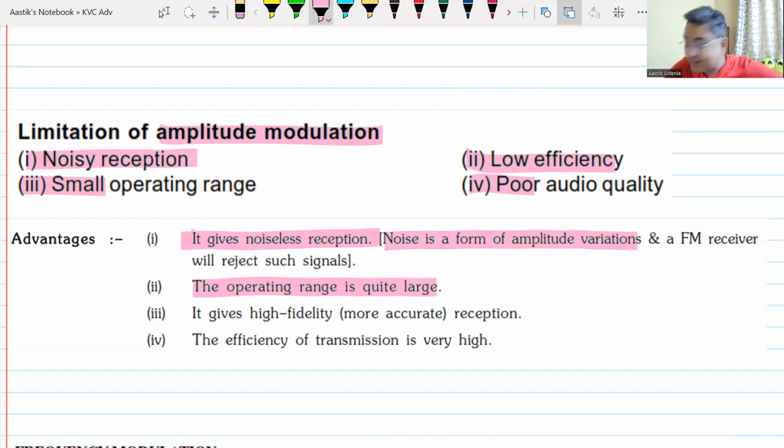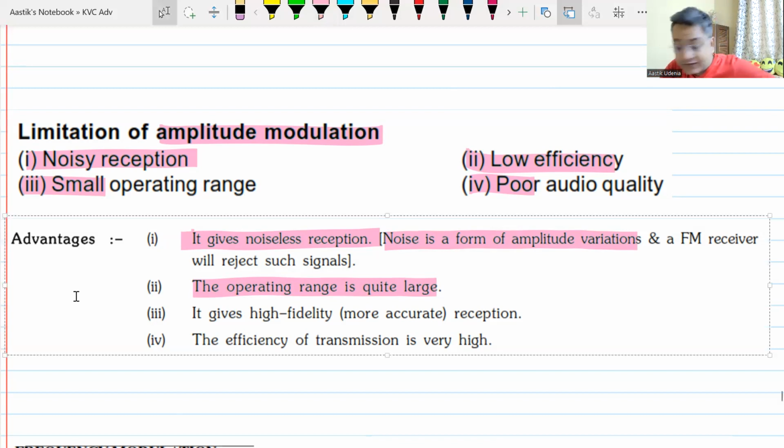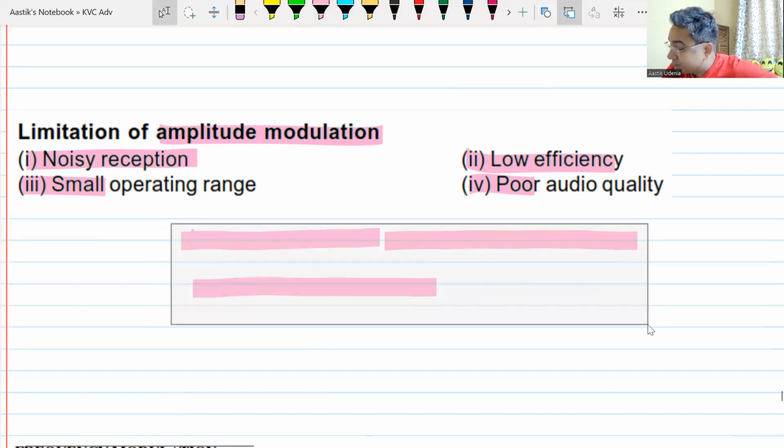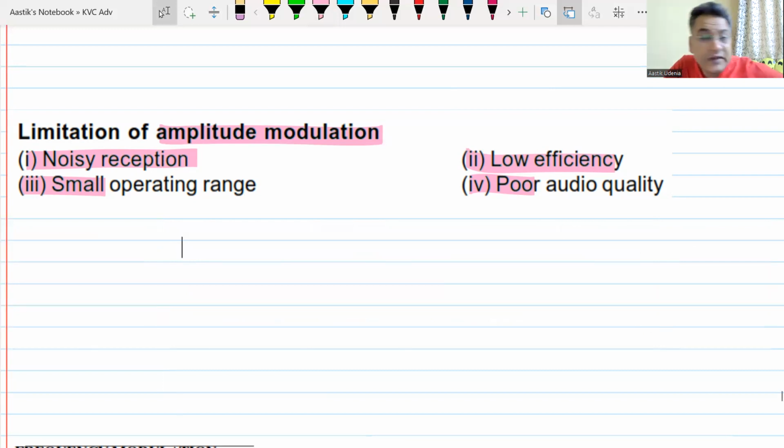Oh, sorry. These are the advantages of FM. Sorry. So I will do it afterwards. These are the limitations of amplitude modulation, and how we remove those defects, we will see in the next one. I just posted it here. I'll give you 2 minutes to note this down.